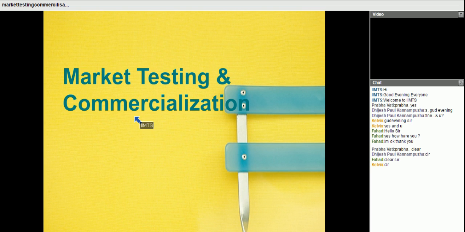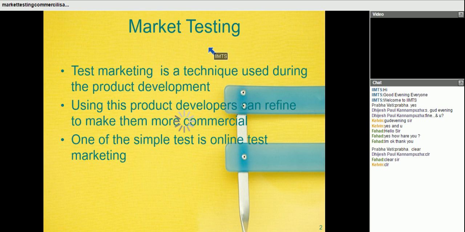Okay, so I have shared the PPT. So let's start with the first PPT, that is market testing and commercialization. What is market testing or test marketing? Test marketing is a technique used during product development.